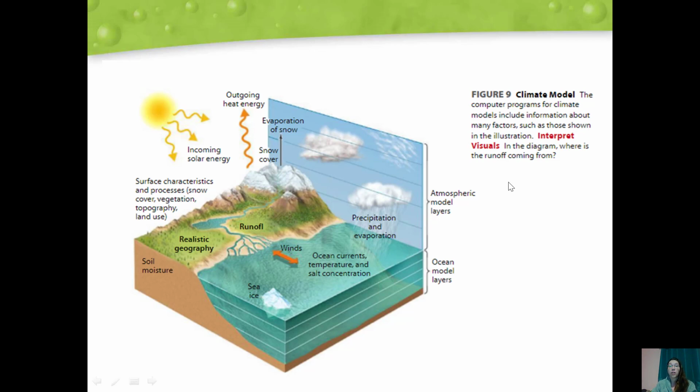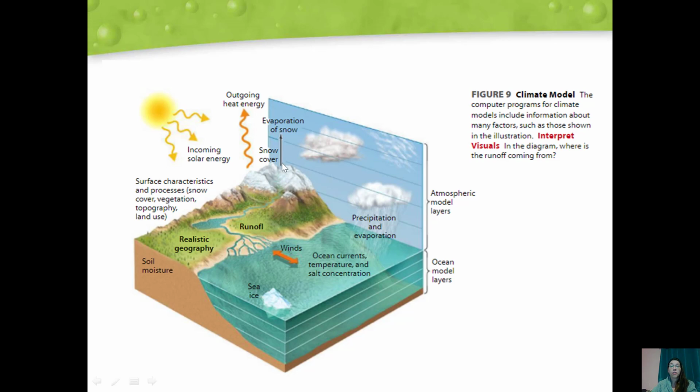So in this model, we can see a lot of things happening. We have a mountain covered in snow. Some of that snow is undergoing evaporation and going right back into the atmosphere. That's happening because of the incoming solar energy. It comes in, hits the earth, it heats up, and it releases that heat into the atmosphere.